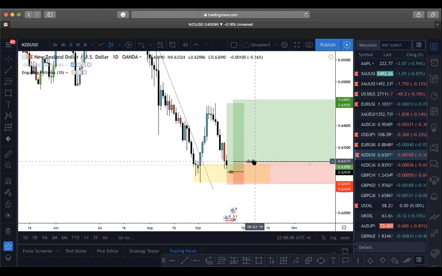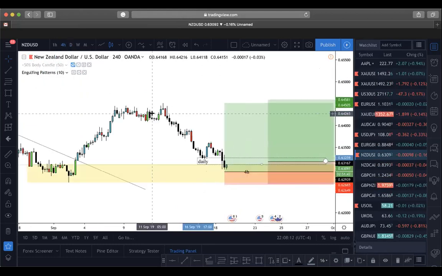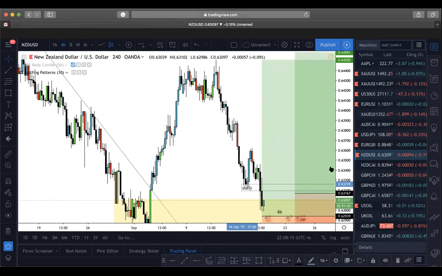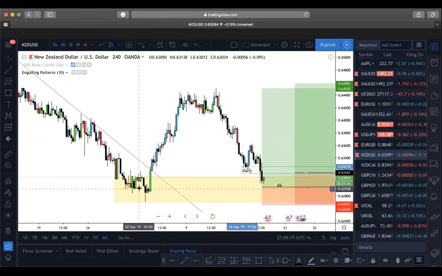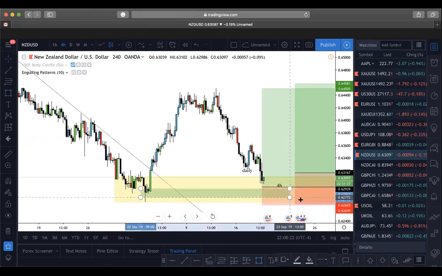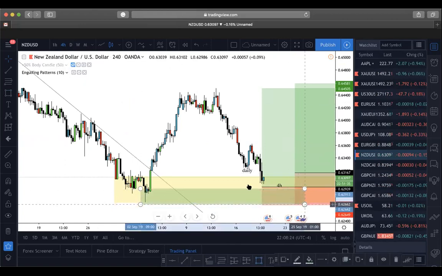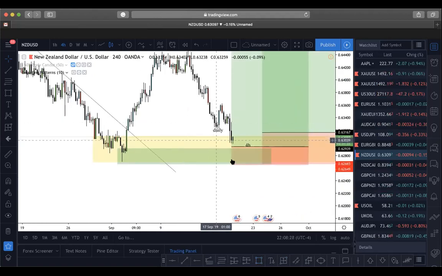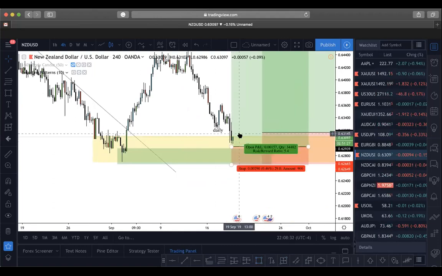This would be the daily entry, because we enter a few pips early. And if you're taking the 4 hour, this would be the 4 hour zone right here, right? I missed the 4 hour by a couple pips. Yeah, that's why you had to enter a little early, right? I already entered this.